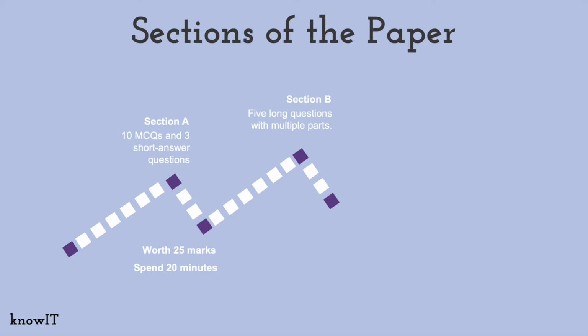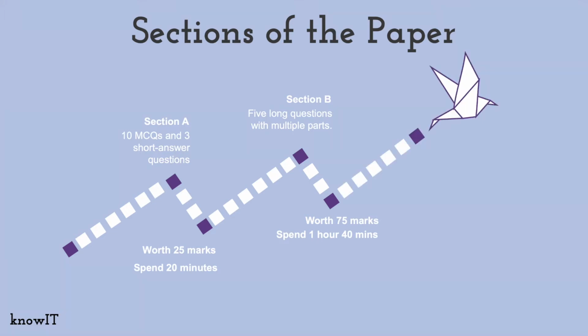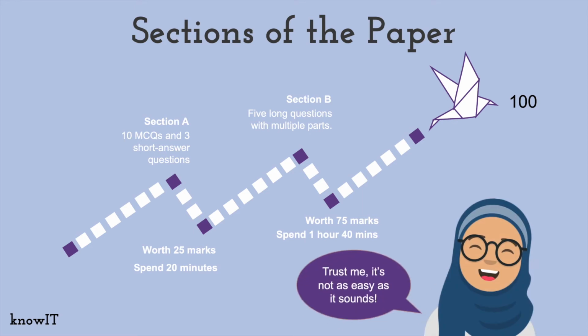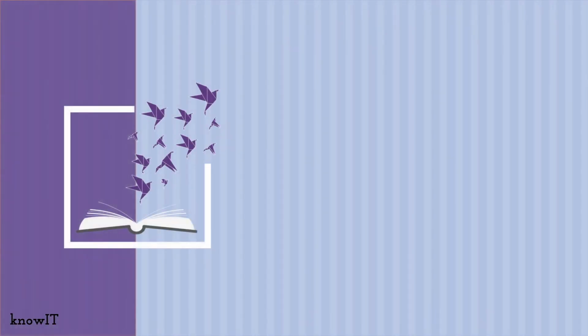This section is for 75 marks, and you should spend around 1 hour 40 minutes on it. In total, both of these sections contribute to the 100 marks in this paper. Although it might sound easy, it's not as easy as it sounds. Anyway, let's go on to section A.